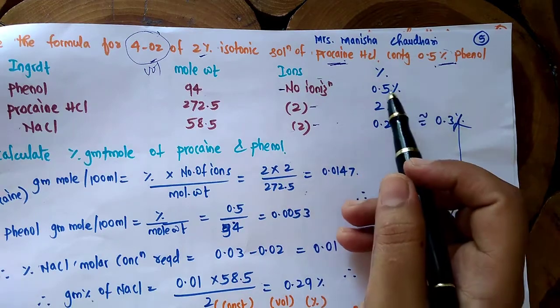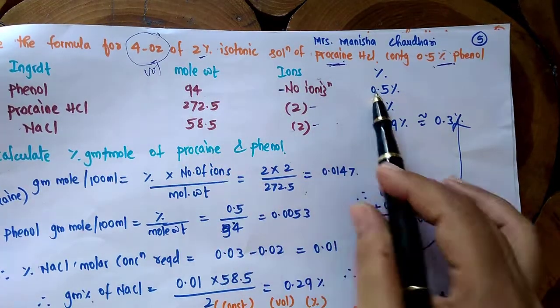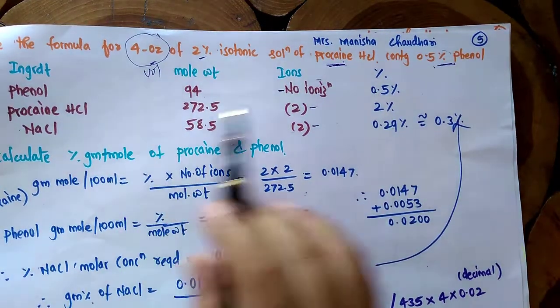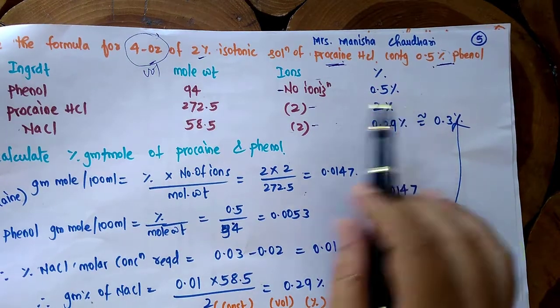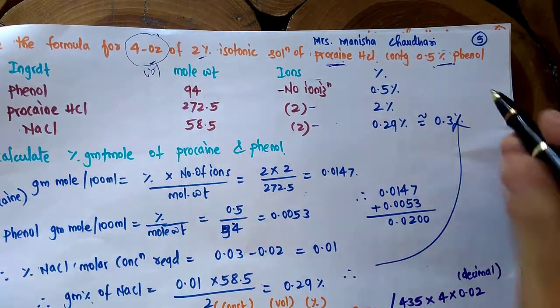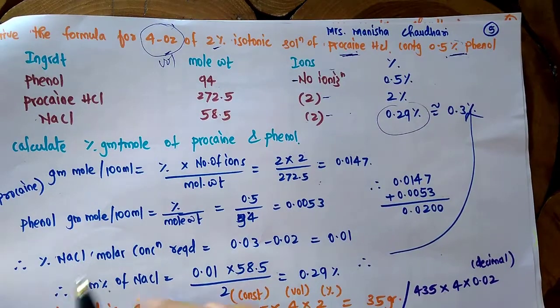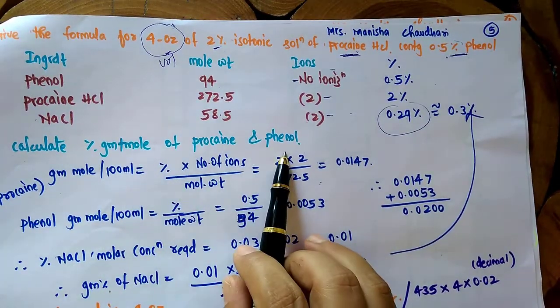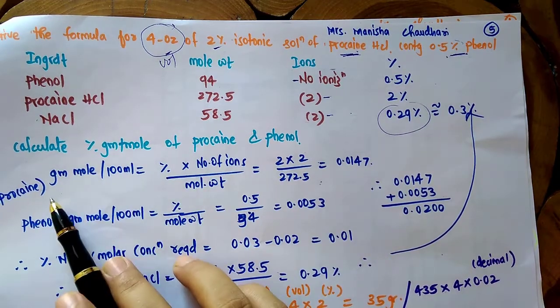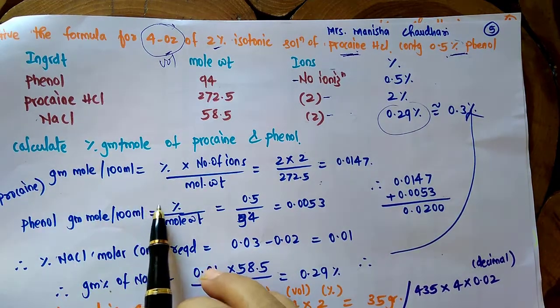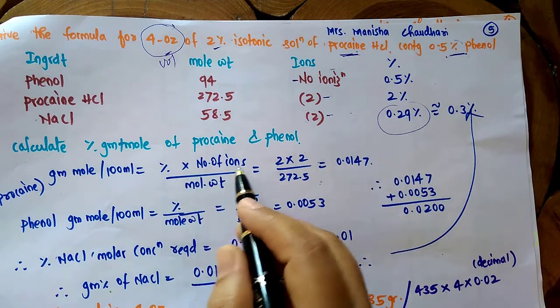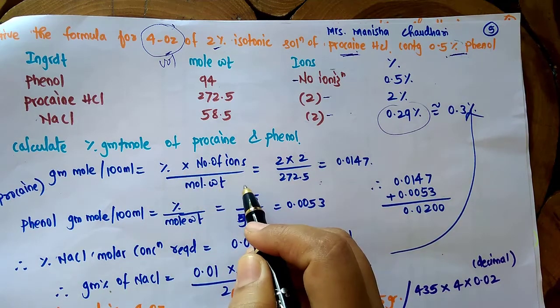Percentage is also given in the question. Phenol is 0.5%, procaine is 2%, and NaCl we are supposed to find out. So to calculate the gram mole per 100 ml of procaine, the formula is percentage into number of ions divided by molecular weight.